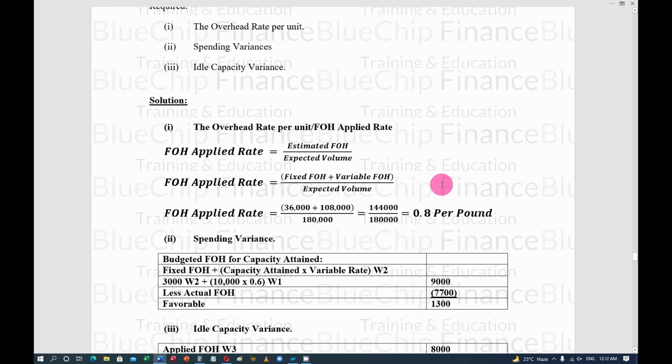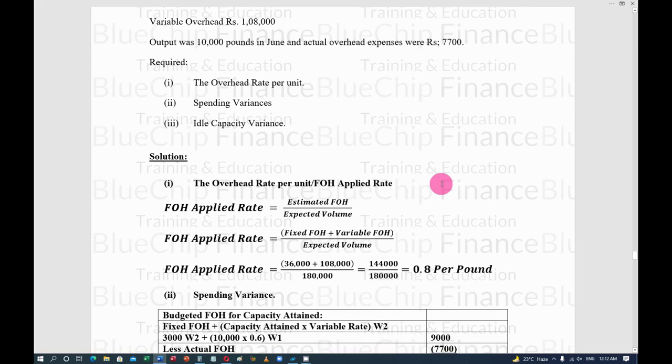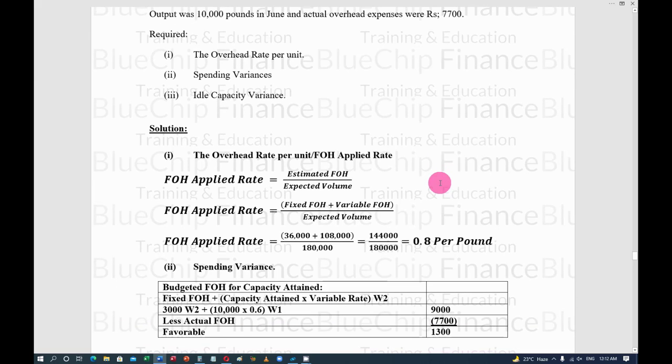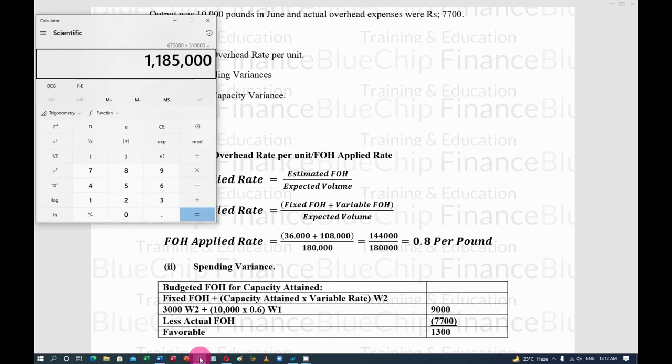And from here you can also calculate the variable rate and fixed rate if these are required in the calculation.